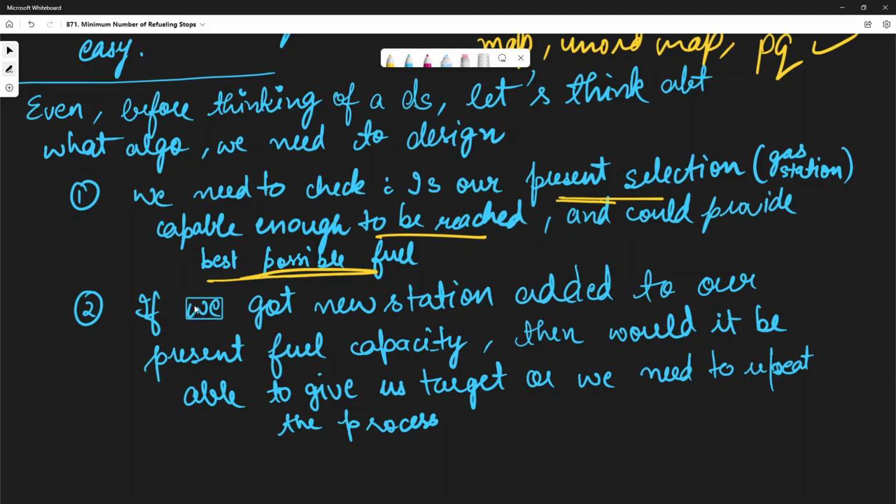And now comes the next part: if we got a new station added to our present fuel capacity, would it be able to give us the target, or do we need to repeat the process again? So this is the next thing. After choosing a present gas station, we are required to check. And now comes the part of how we can do that. Can we do it directly, or do we require some data structure?